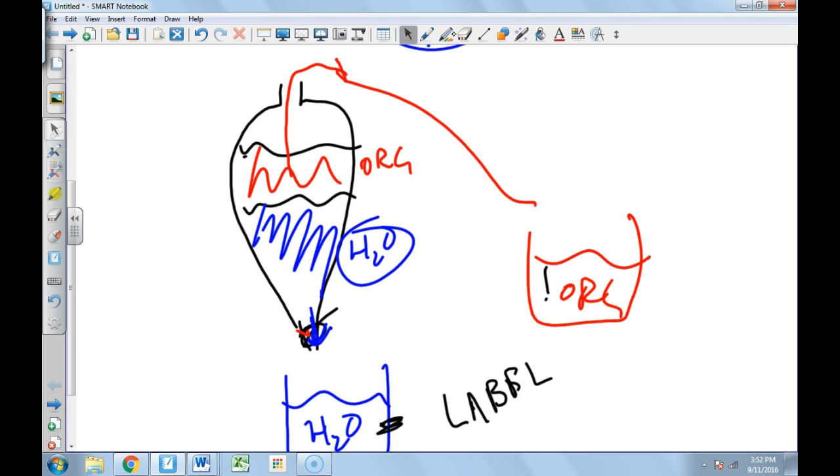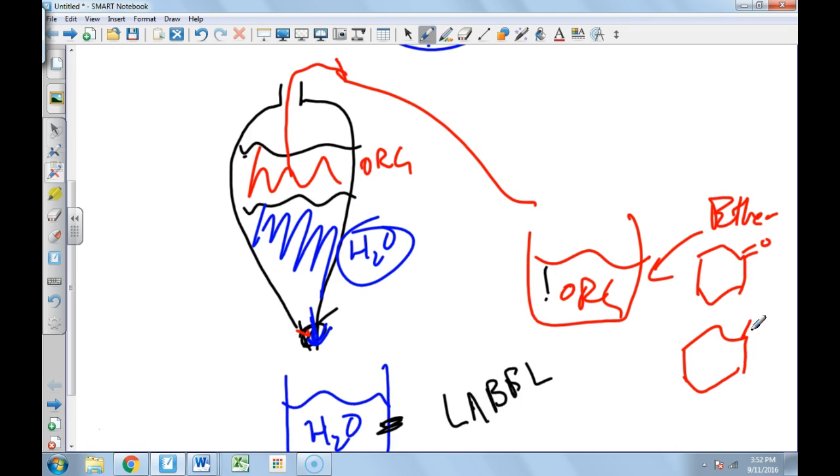Now in this we have ether, cyclohexanone, hopefully, and cyclohexanol. Probably just a little bit of this if we're really good chemists. But now we have to make sure that we get rid of the ether.